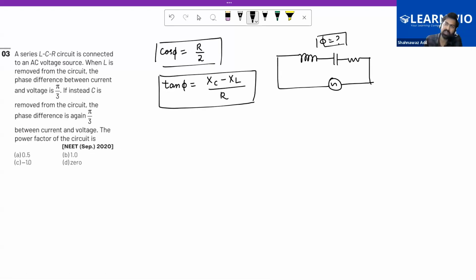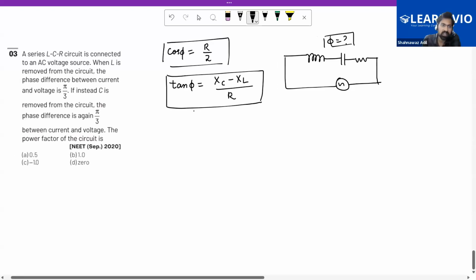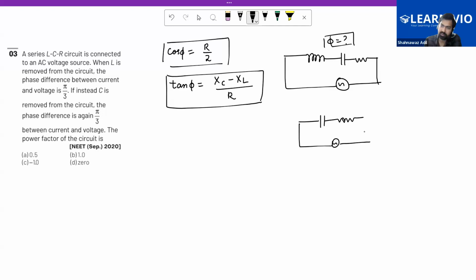But now we remove the inductor, and this becomes simply the RC circuit.